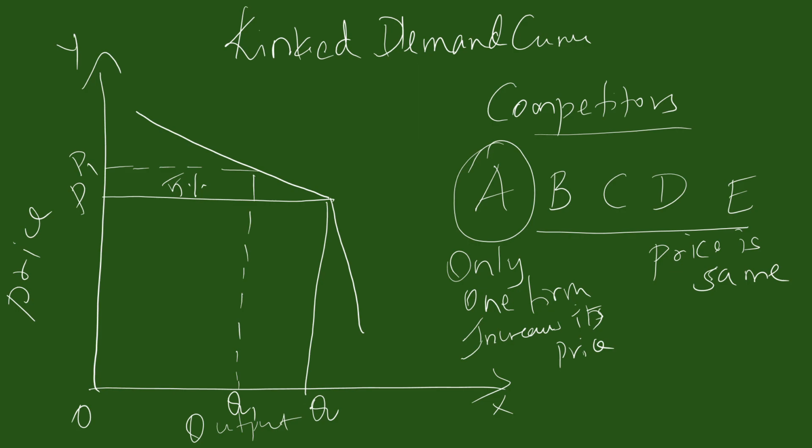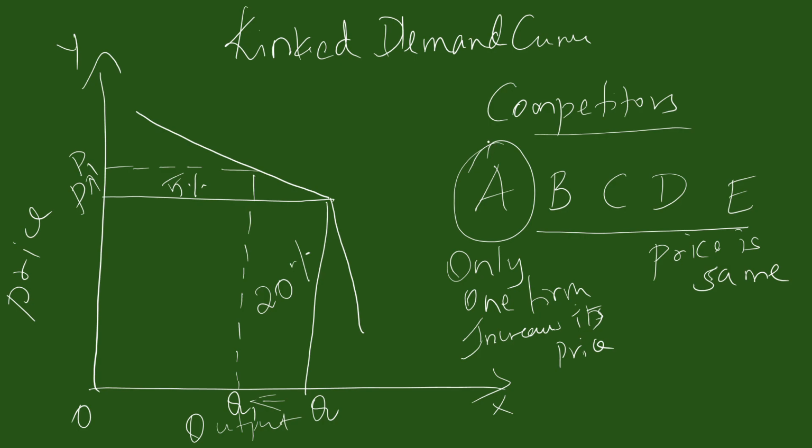The quantity demanded will shift from Q to Q1, where there is a large decrease in demand. So a slight increase in price, but a large decrease in the quantity demanded of the particular product, because only A has increased its price, but B, C, D, E never change the price.